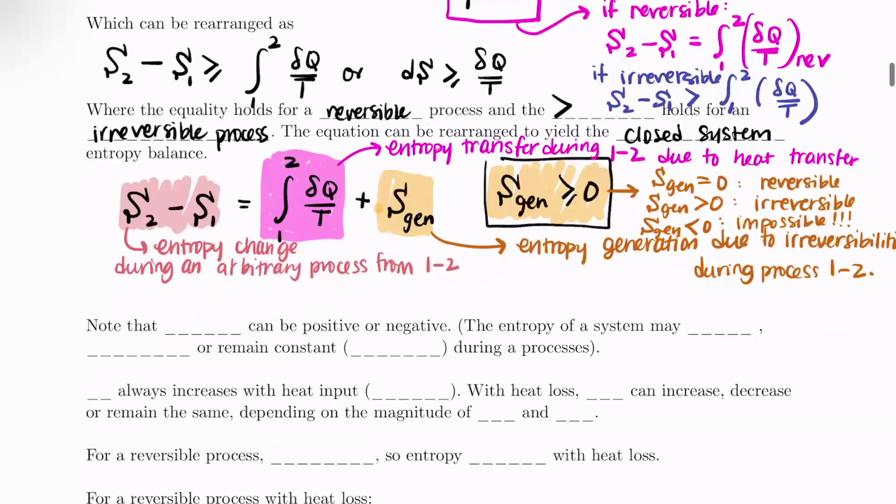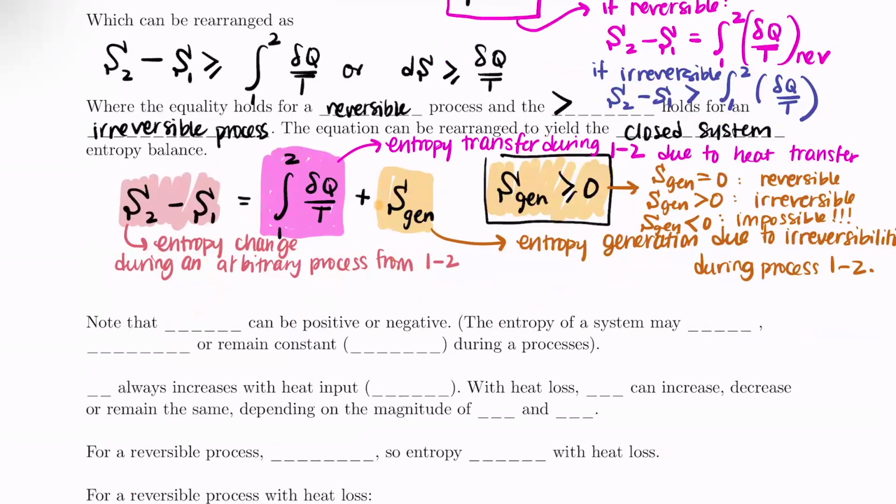Okay. So given this, it's notable to mention that S2 minus S1 can be positive or negative. The entropy of a system may increase, decrease, or remain the same, which means isentropic during a process.